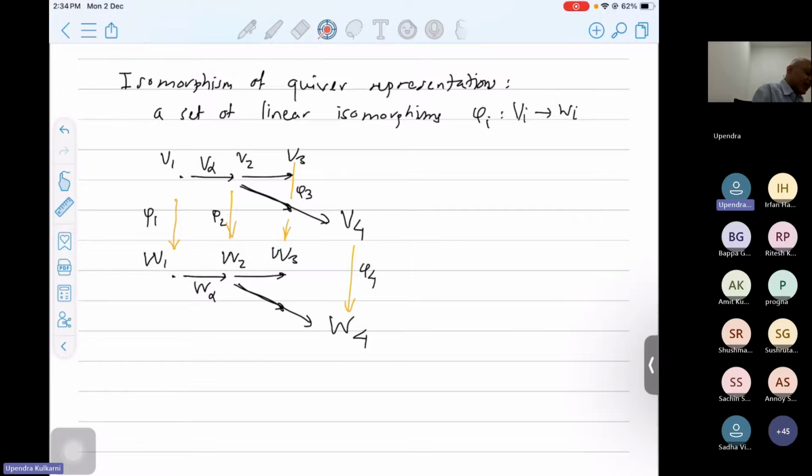Okay, excellent. And so now I simply change the definition of isomorphism to the definition of morphism of quiver representations.